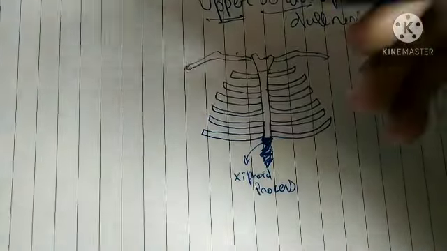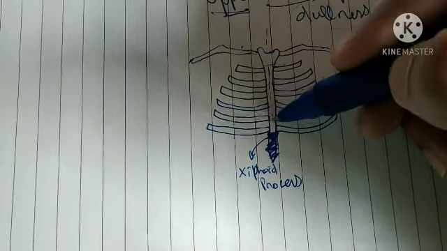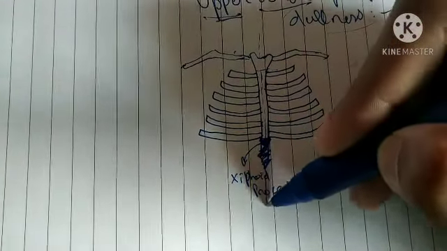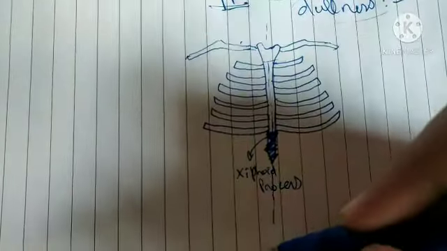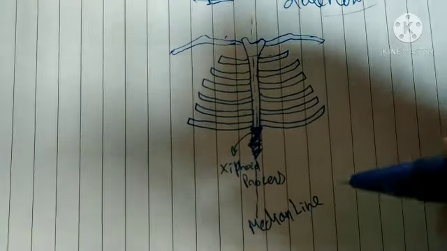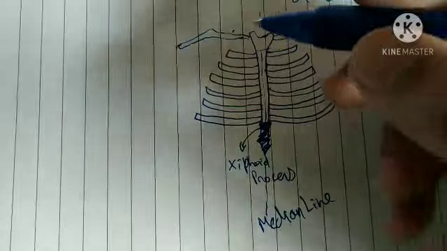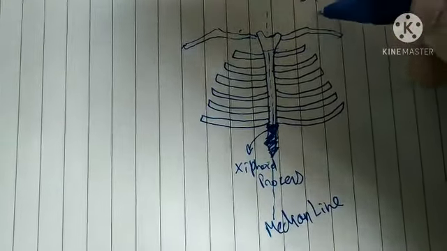The very first line which everyone needs to know is this one, which divides the sternum into 2 parts. As you can see, it goes through the median, so we call it the median line. After this, remember the line which divides the clavicle into 2 parts.